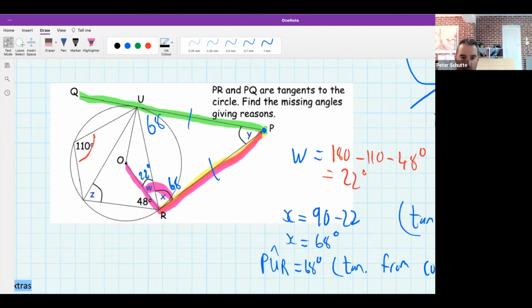And then I'm going to say Y is equal to 180 minus 68 minus 68, which gives me 44. And that is going to be sum of angles in a triangle. So that would be 44.